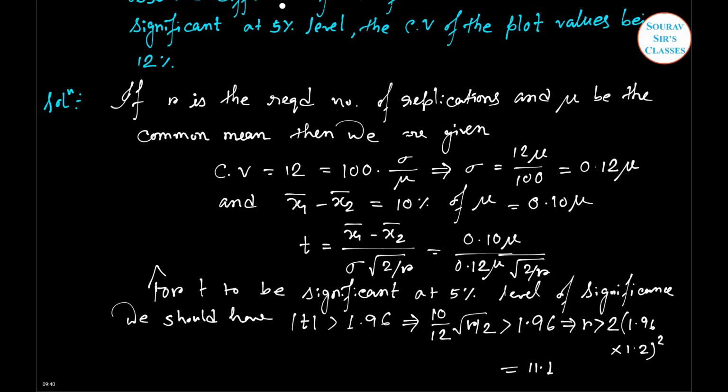Hence, the required minimum number of replications is 12, the next integer greater than 11.1. So, here is the solution.